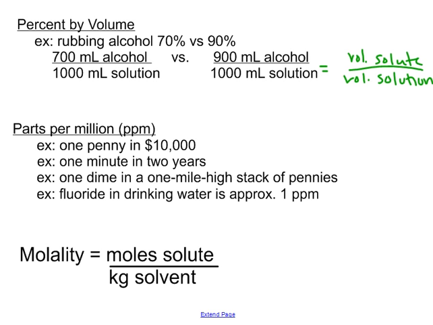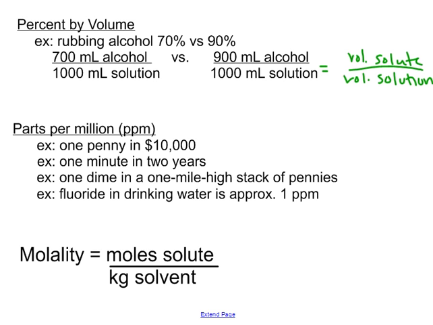Parts per million is really just counting the particles of interest, the number of solute particles, per the total number of particles in the entire container. So, for example, if you had $10,000 worth of pennies, 1 penny would be 1 in a million pennies.